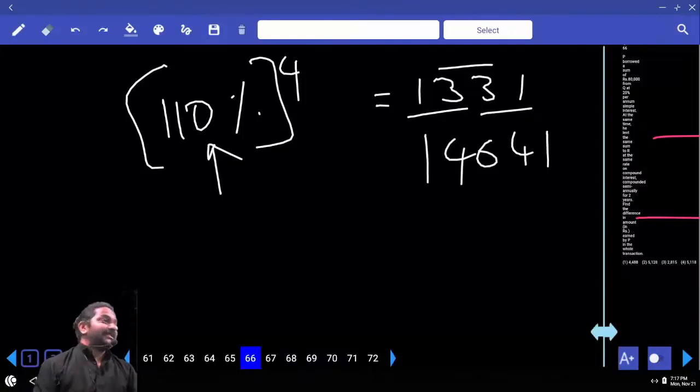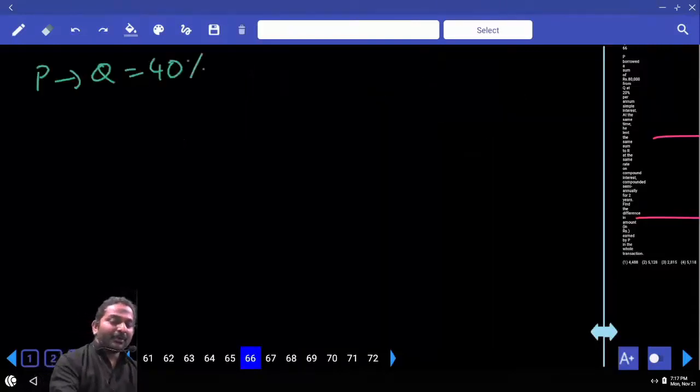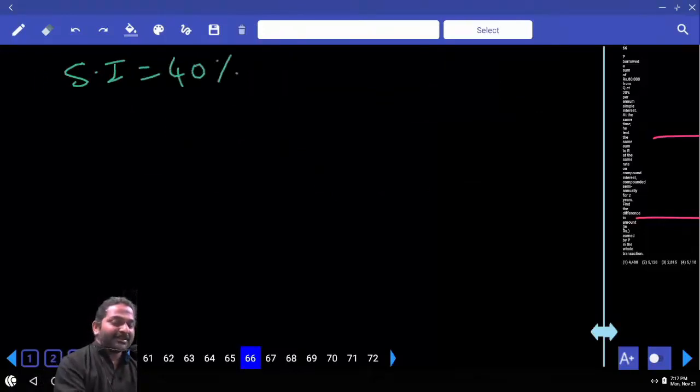Principal is 100% always, and this is the amount after 4 years. It has to be a 3-digit number because 100% is the principal, which is a 3-digit number. That means 146.41, correct? At the rate of simple interest he is getting 40%.